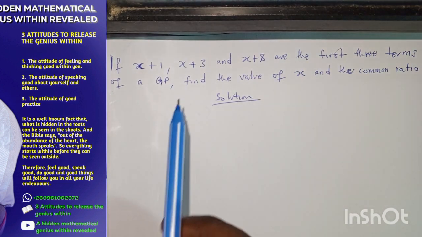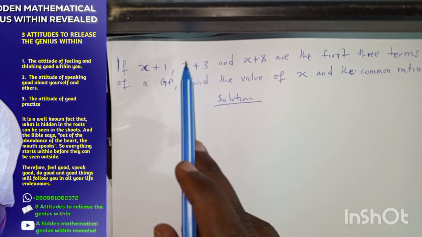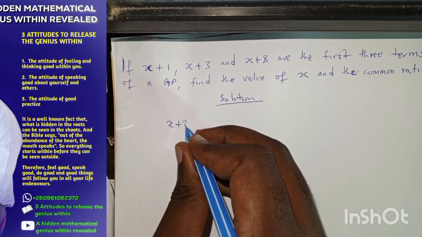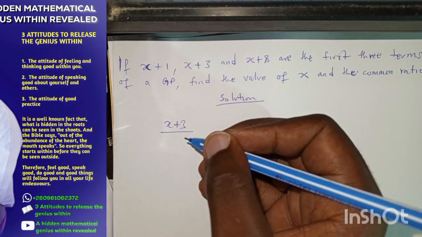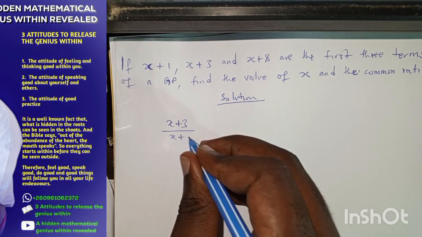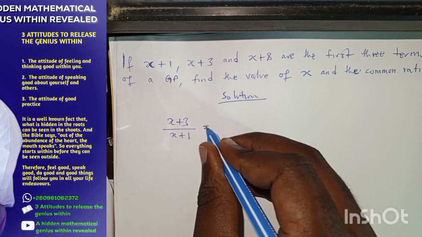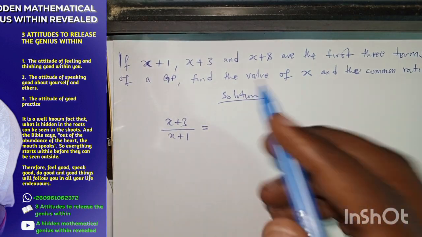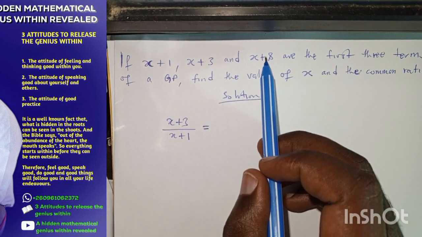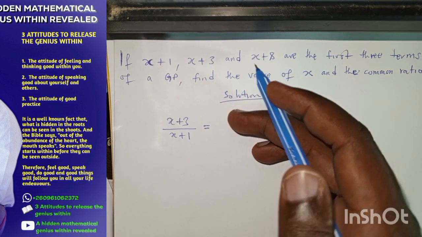Okay, so we have first term is x plus 1, second term is x plus 3. So we'll say x plus 3 over the first term, which is x plus 1. This is also equal to, so this was second term divided by first term, then you can divide third term by second term.